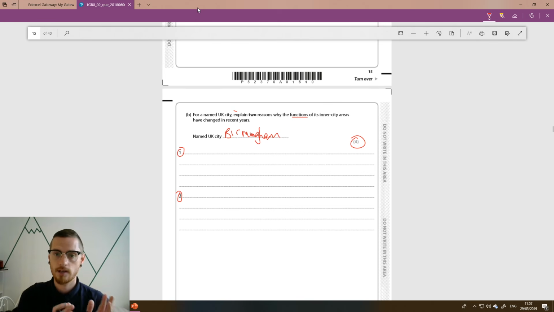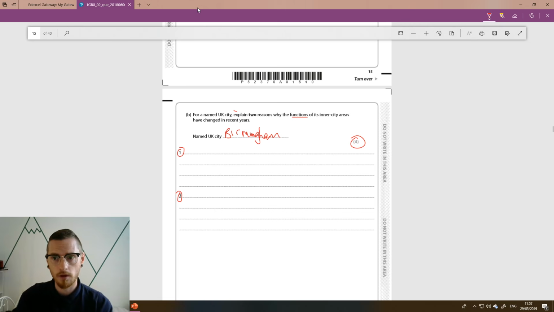Okay, so it's gone from secondary to tertiary. So that is going to be one change of function. Secondly, my other one could be that the inner city areas of Birmingham have experienced deindustrialization. Now, that's happened in the majority of UK cities.